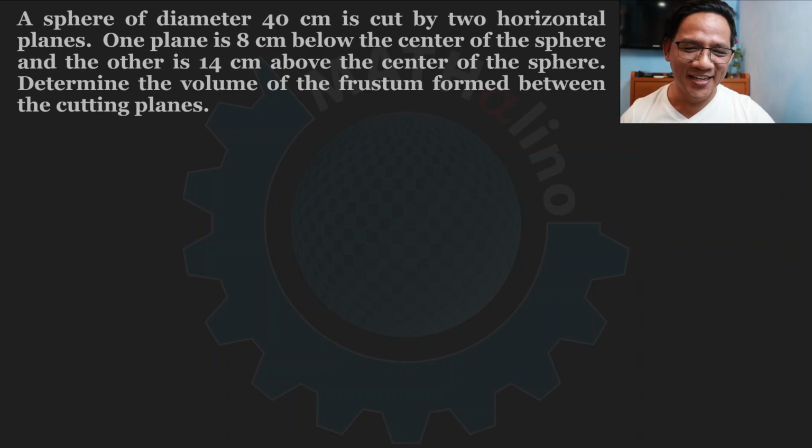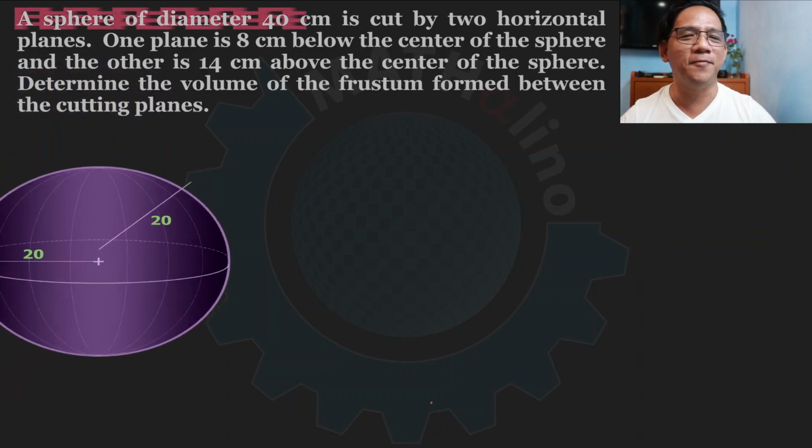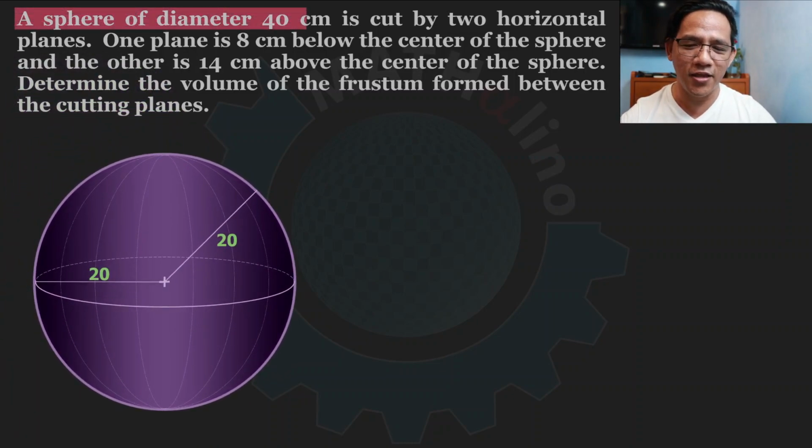Let's proceed. A sphere of diameter 40 cm is cut by two horizontal planes. So we have this sphere. Of course, the radius is 20, because the diameter is 40 cm. Then we are going to cut this sphere by two horizontal planes.